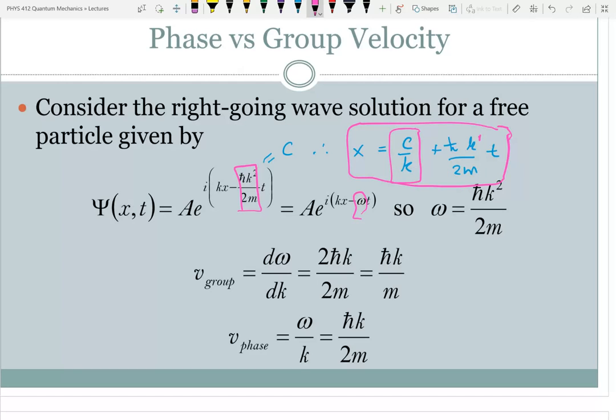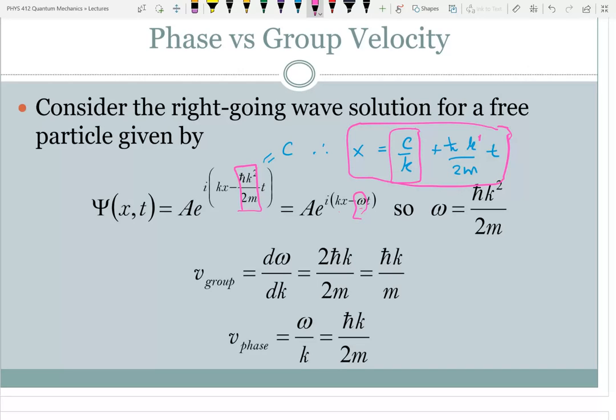Now we can calculate the group velocity and the phase velocity two different ways. Once again, we talked about this on Monday. The phase velocity is the speed at which the actual wave is traveling. To find that speed, we just take omega divided by k.